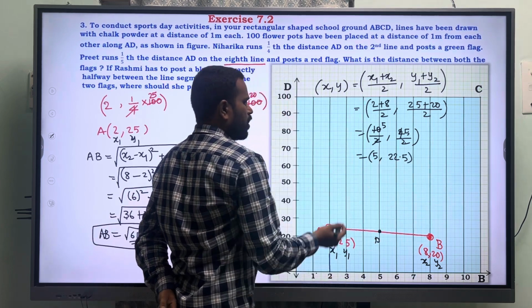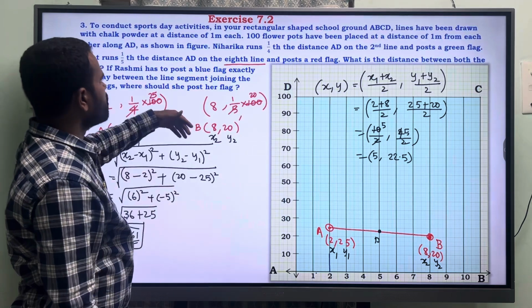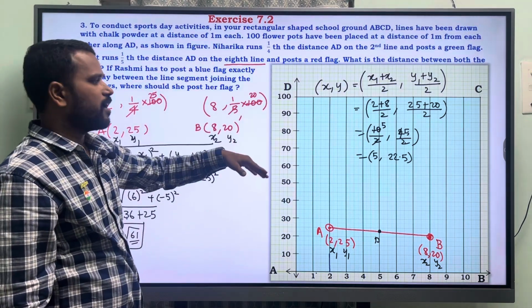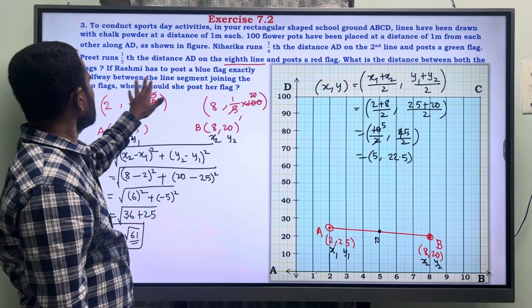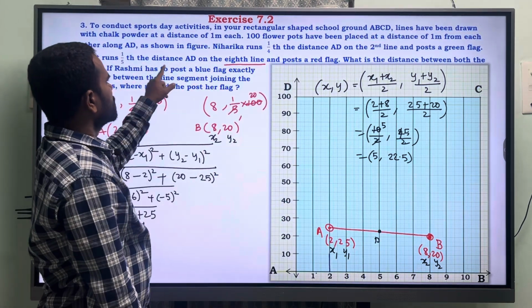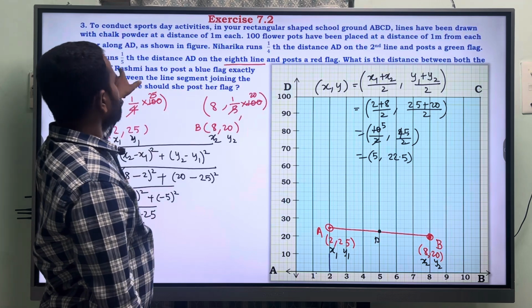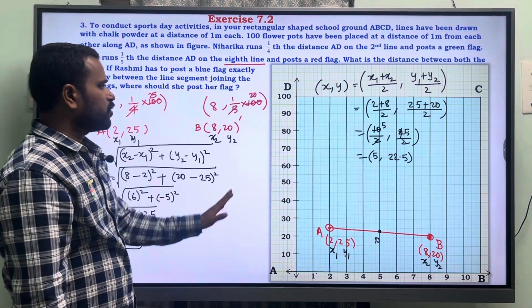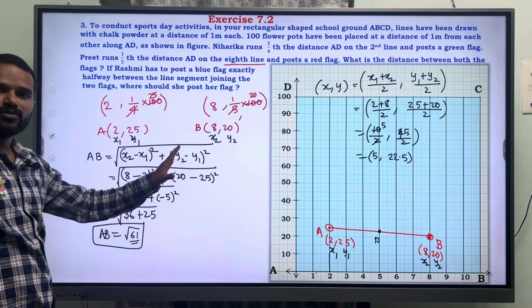So this is the place where Reshmi will post her blue flag, exactly halfway between A and B, that is between Niharika's and Preet's flags. This is how we have to solve the problem.